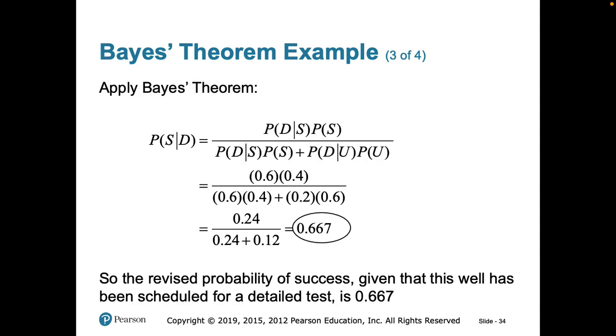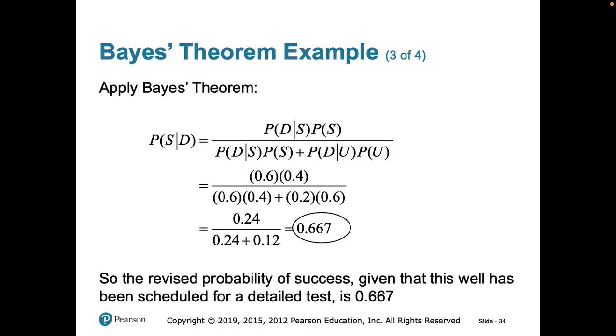This is where Bayes' theorem comes into place, and we already had the formula a couple of slides ago. In this case, we just input the data that we already have. So 60% times 40%, divided by 60% times 40% plus the probability of being unsuccessful, which is 0.20 or 20%, times 60%.